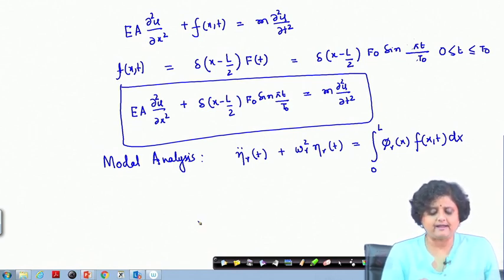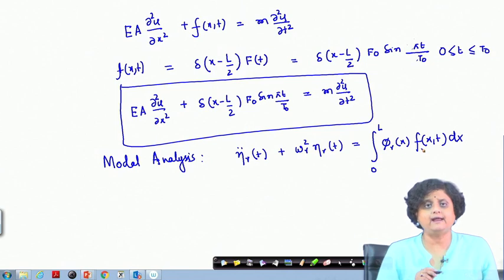If we have any linear equation, we can directly say that after modal analysis the equation is always going to look like eta r double dot plus omega r square into eta r equal to q(t). We do not need to derive it all the time. This is going to hold true for any linear vibrating system, be it a continuous system or a multi-degree of freedom system.